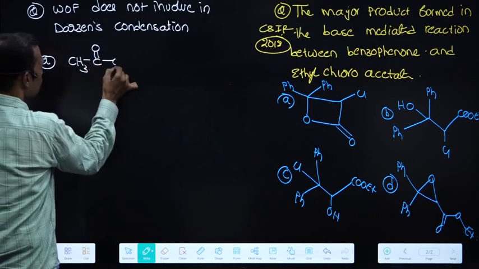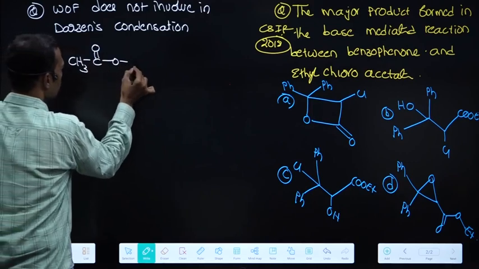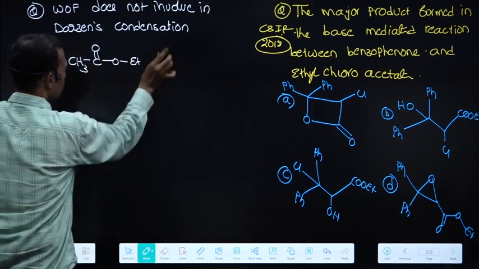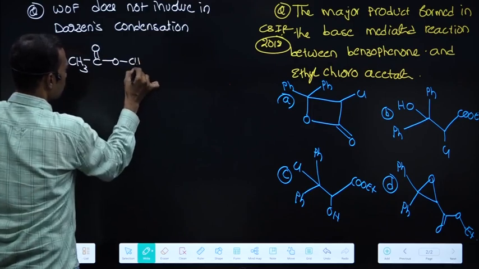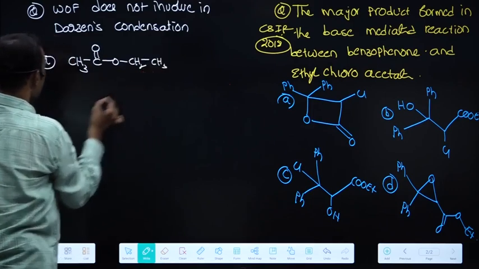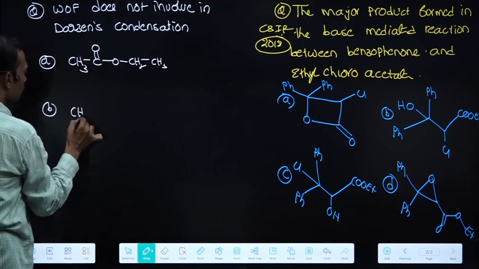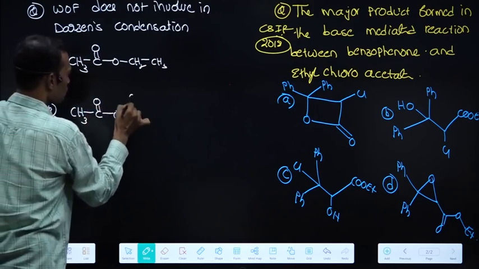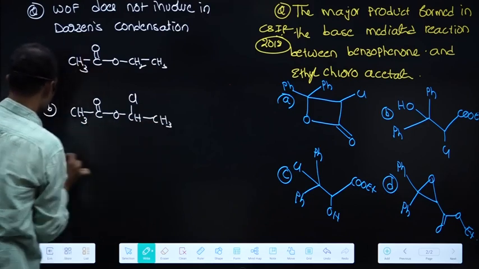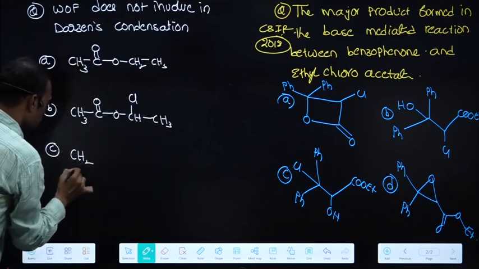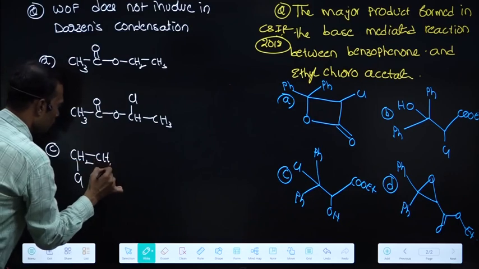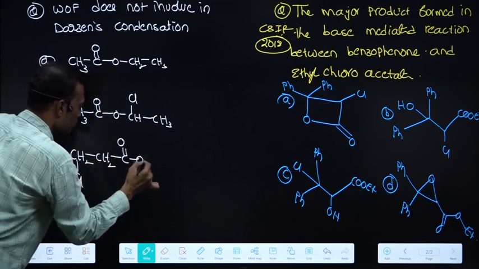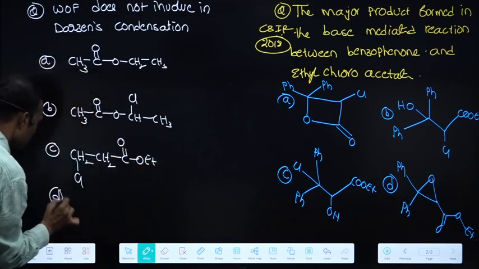Option A: CH3 C double bond O, OEt, otherwise you write this as CH2CH3. Option B: CH3 C double bond O, now this carries chlorine and this is CH3. Option C: CH2Cl CH2 C double bond O OEt. Option D: all.